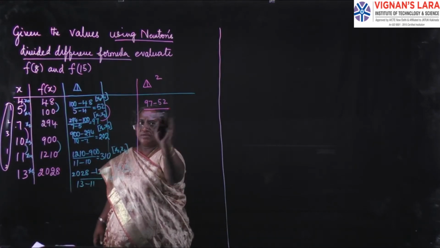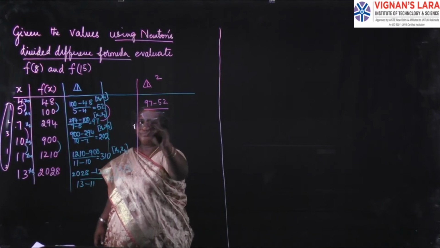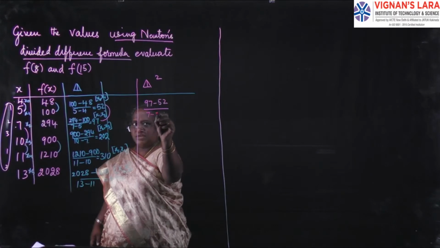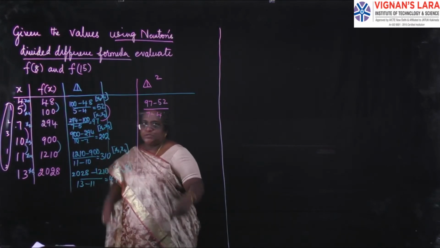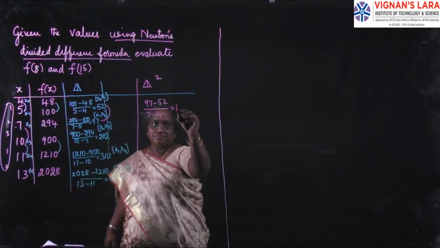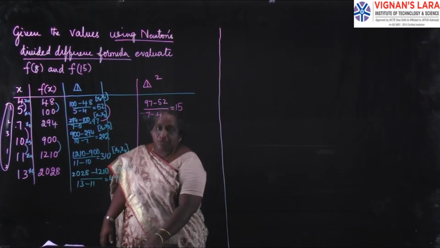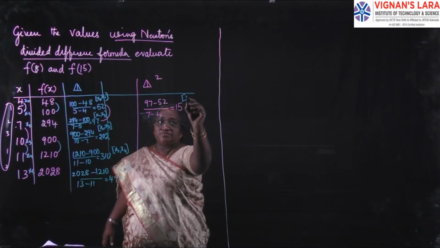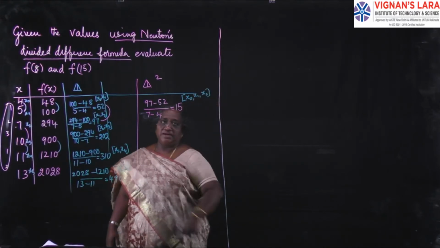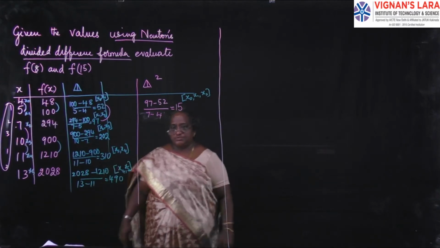It is 7 minus 4. So its value is 15. This is the second divided difference of x0, x1, x2.